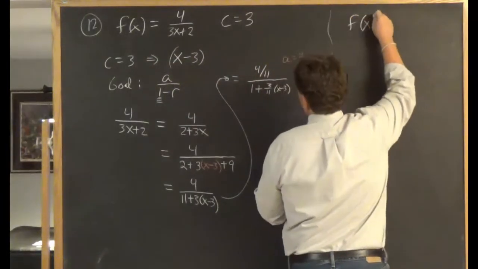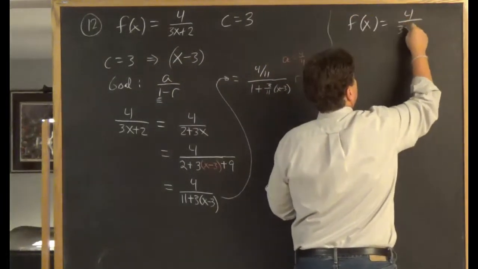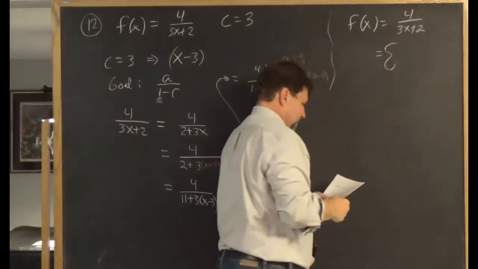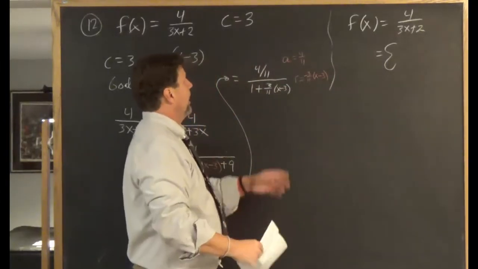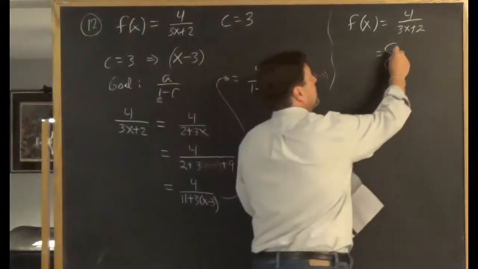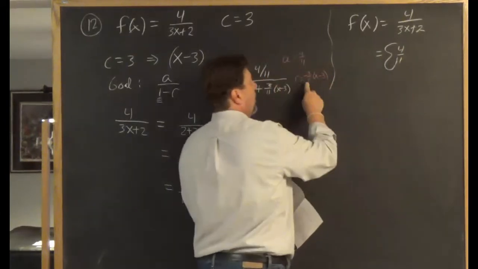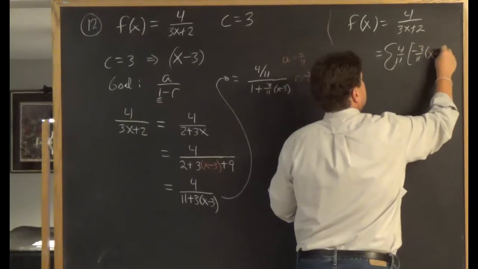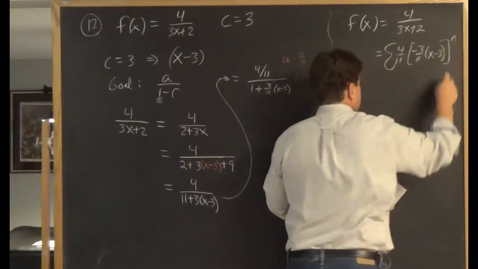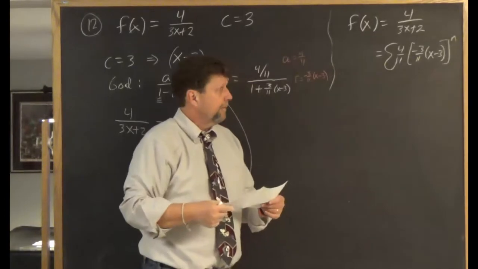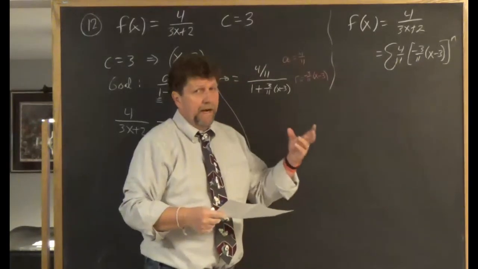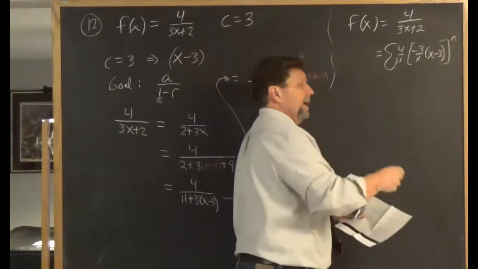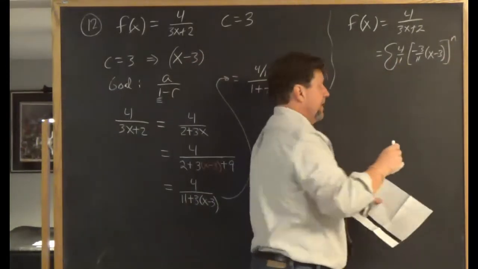So our function 4 over 3x plus 2 has the power series representation of A, which is 4/11, R, which is negative 3/11 x minus 3, to the n power. And you know there are many ways you could rewrite that. I'm just going to put up one. And I'm happy with this. I'm fine with this.